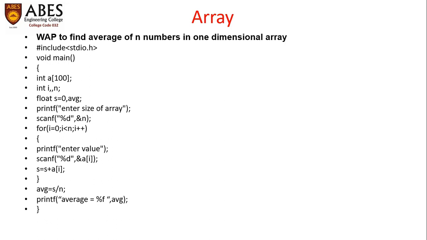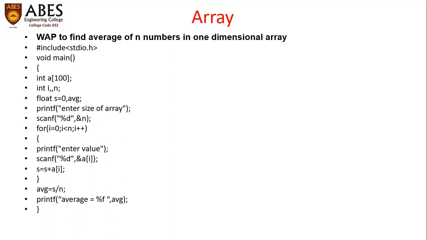Similarly, if you choose n as 110 and want to enter 110 elements, you have occupied memory for only 100 elements, so how will you enter another 10 numbers? The memory is insufficient. These two issues always arise with arrays: either the memory is wasted or the memory is insufficient.